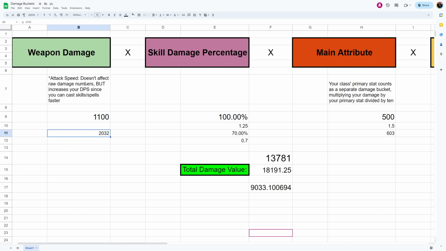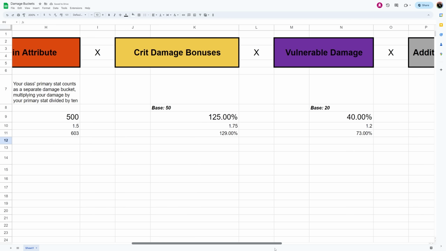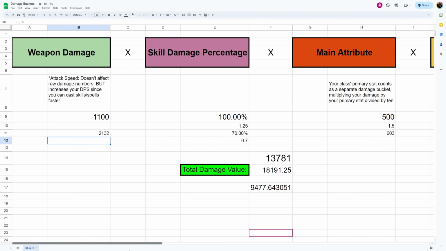Let's take a look at that here on my minion build, or not my minion build, my other Necromancer. We were doing 9,000 damage. Well, now we're doing 947. And we were able to just push all these little numbers up just enough to give us more damage. I was looking at 70%, put it to 100, and there you go. We'll look at 2032 and 132. That damage value would be higher.